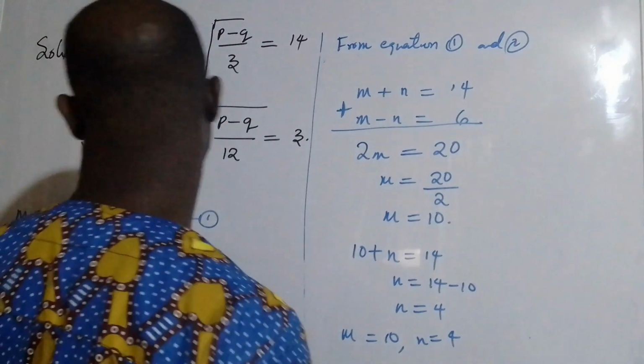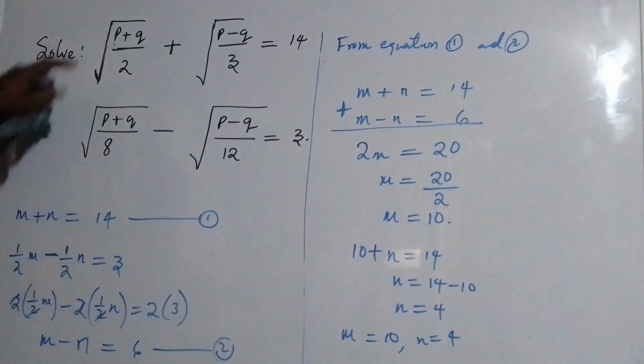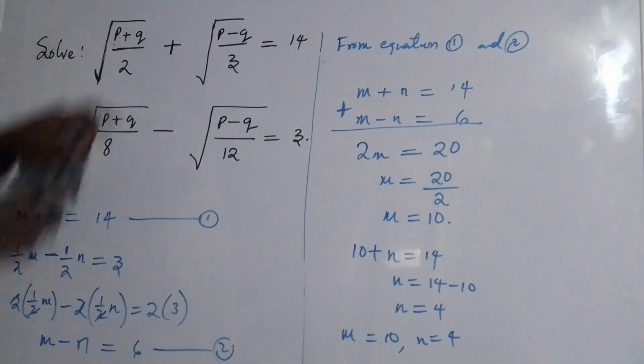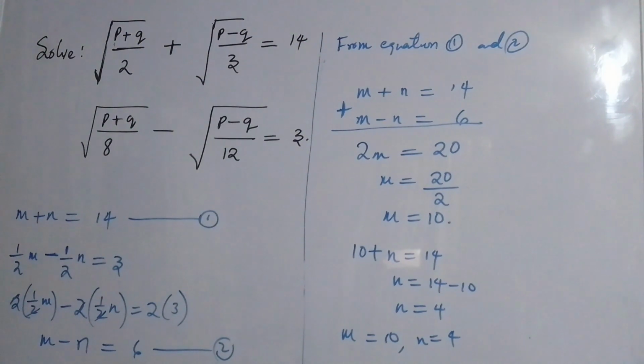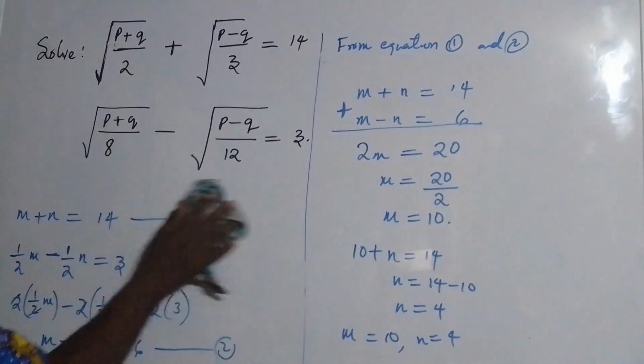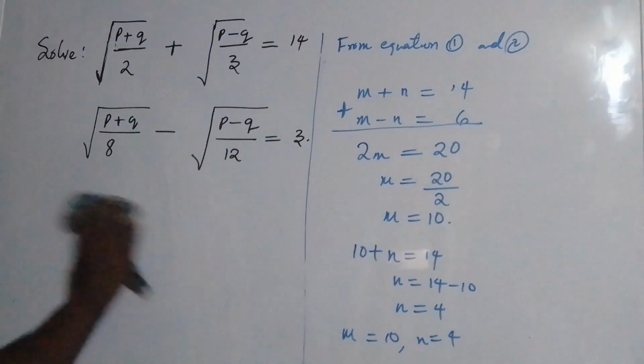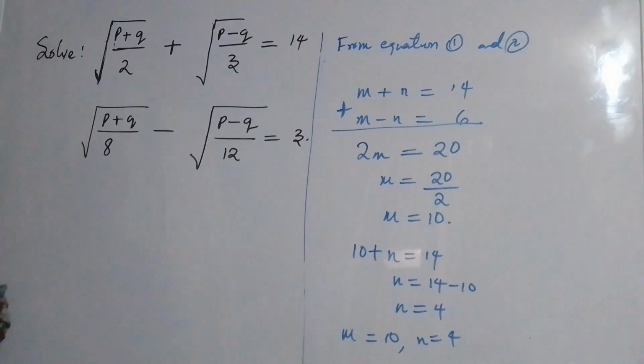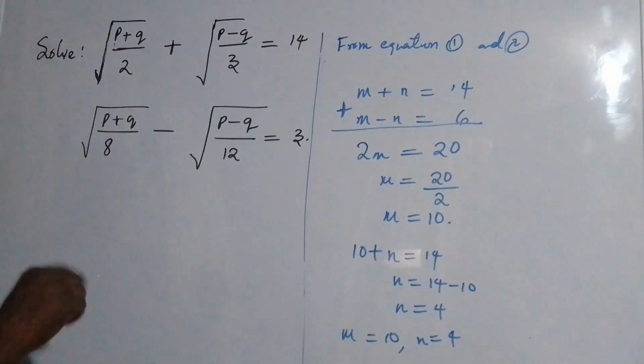But don't forget that what we have is P and Q. So I'm going to come back to this side of the board. Now don't forget we have said that m should represent the square root of P plus Q over 2 and n will represent the square root of P minus Q over 3.